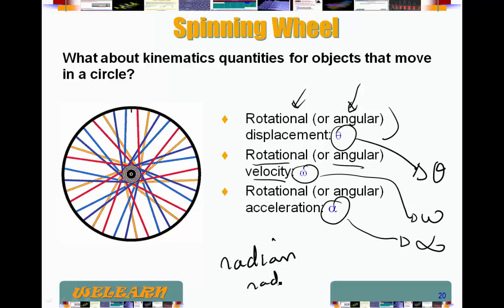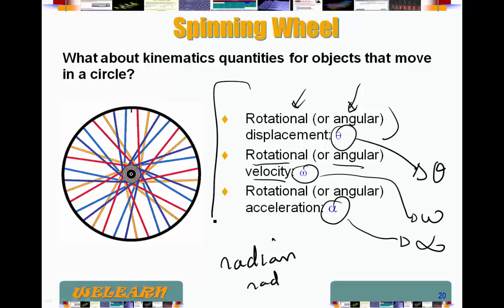For rotational velocity it's going to be rotations per second, rotations per minute, rotations per hour, or degrees per minute, degrees per second, or degrees per hour. And for acceleration, it's going to be rotations per second squared, or radians per second squared, and so on.